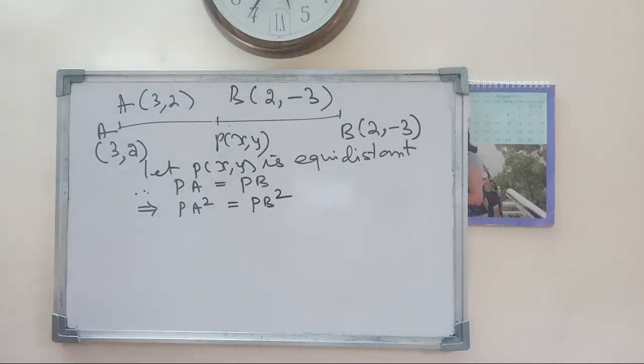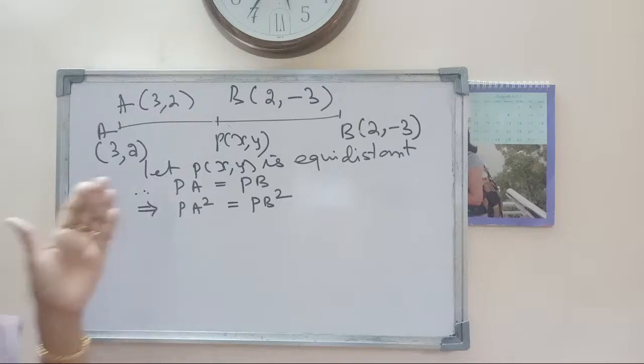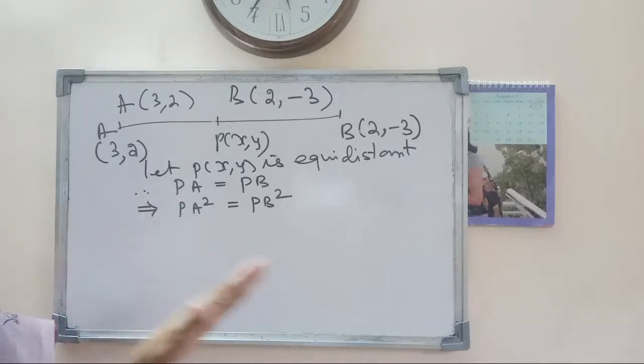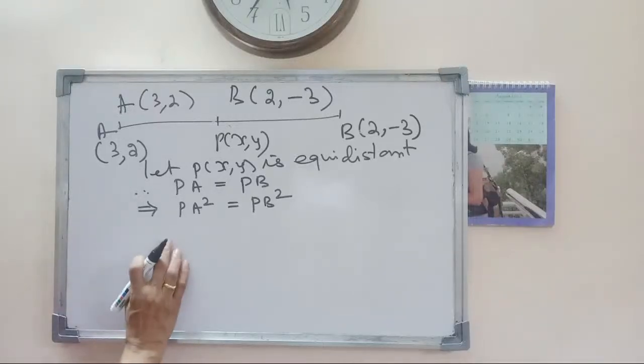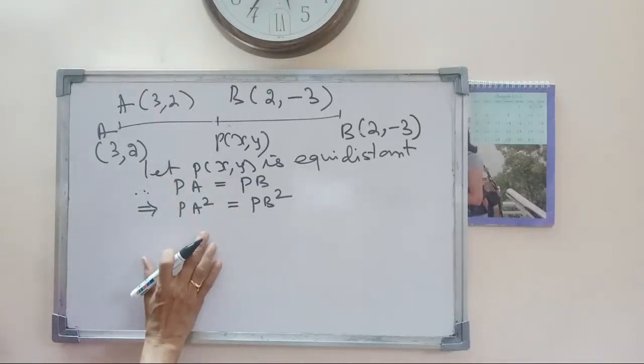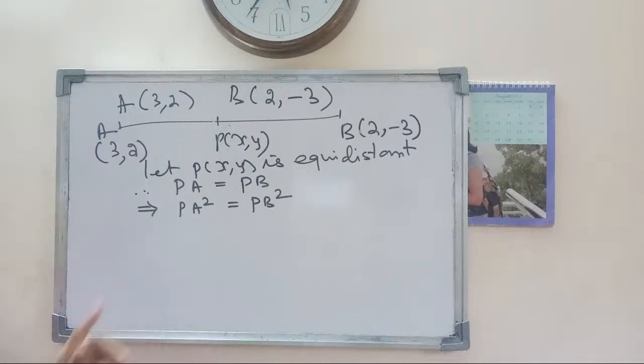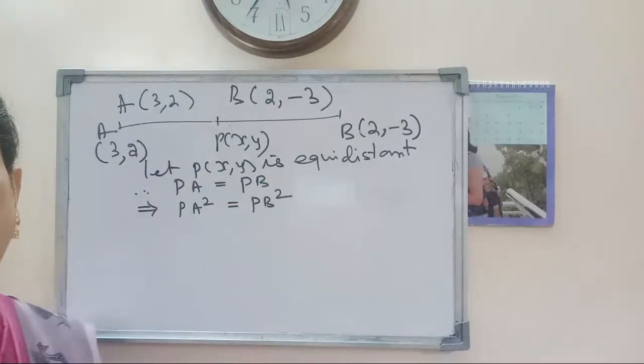These things you have to write. Now write below this condition the distance formula: (x2 minus x1) whole square plus (y2 minus y1) whole square in LHS, same thing in RHS.